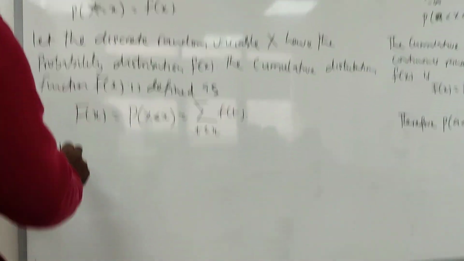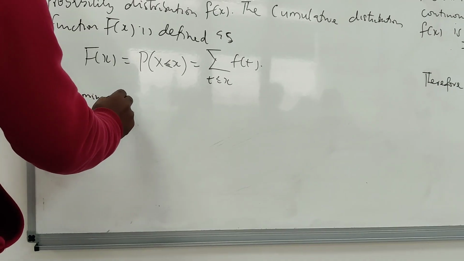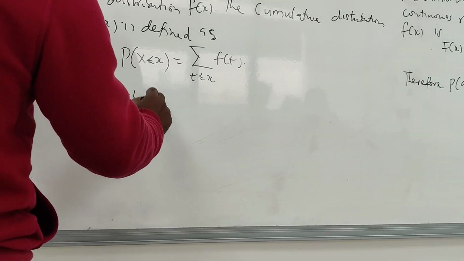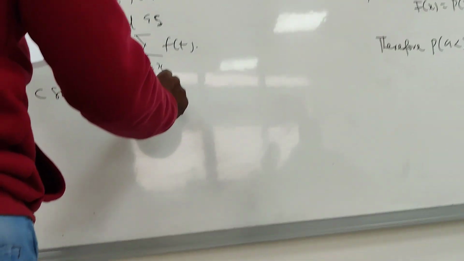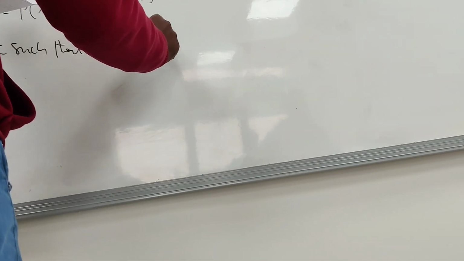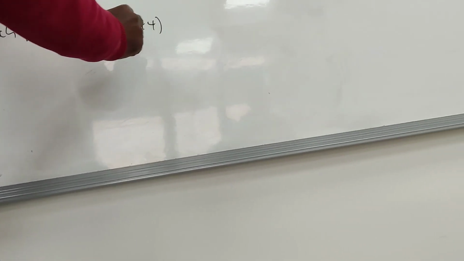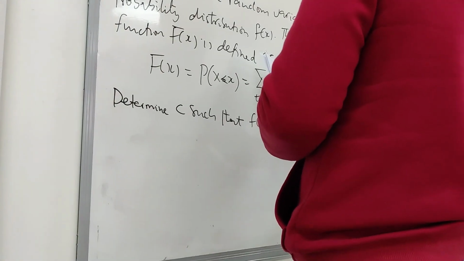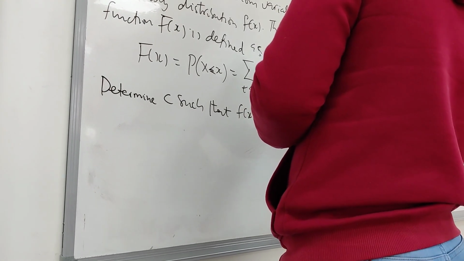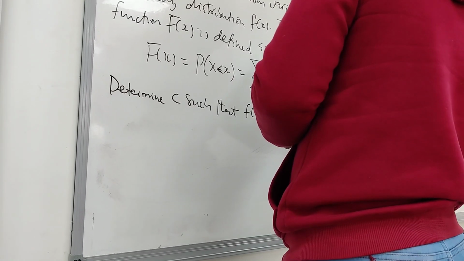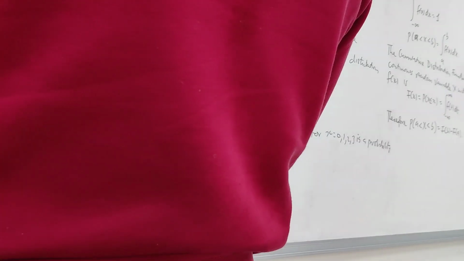Determine c such that f of x is equal to c times x squared plus 4, for x equals 0, 1, 2, 3, is a probability distribution.